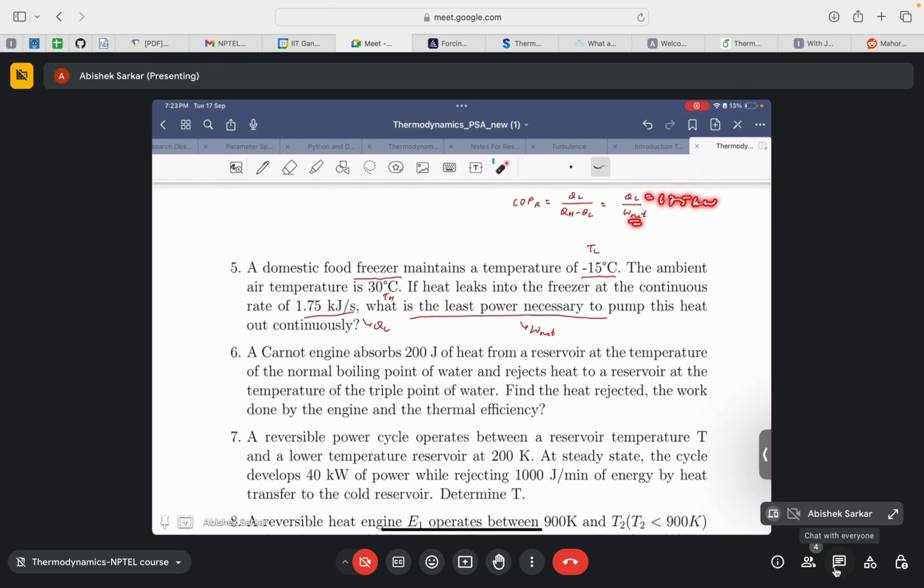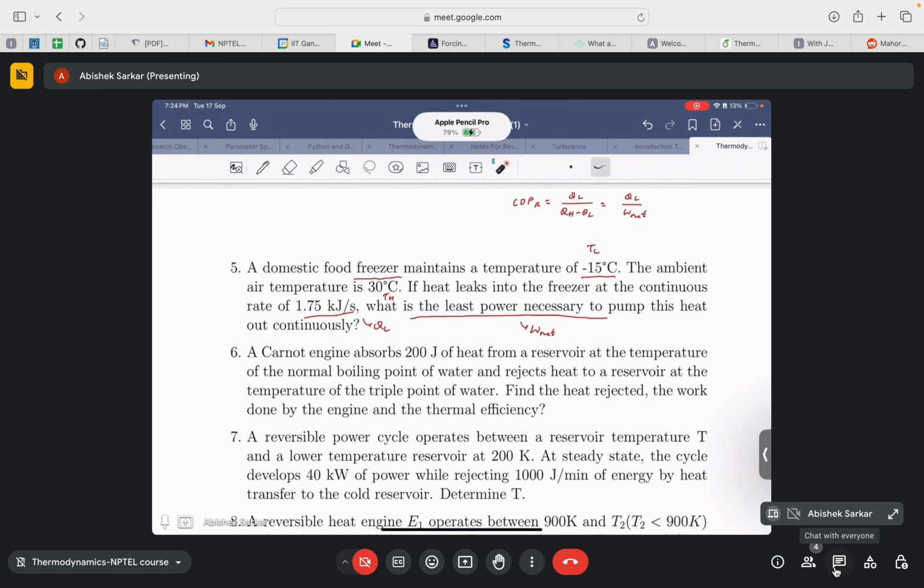Again quite simple. The key terminology is the least power necessary. So in which kind of refrigerator will you require the least power? Something similar to what we discussed in the previous question.